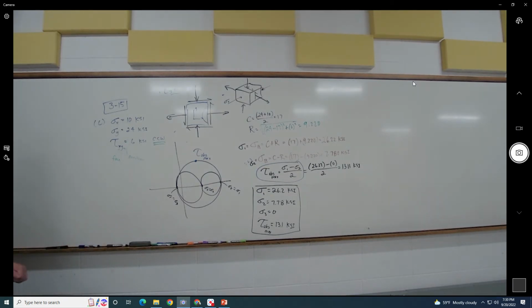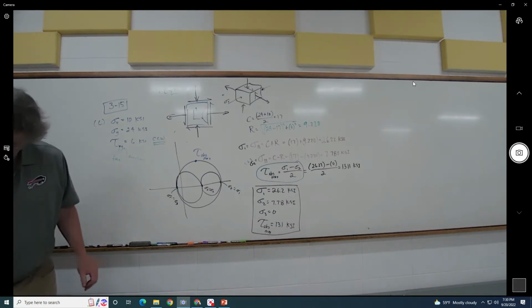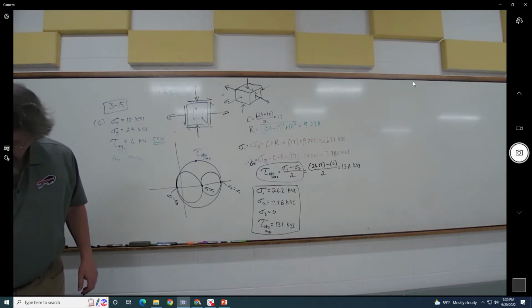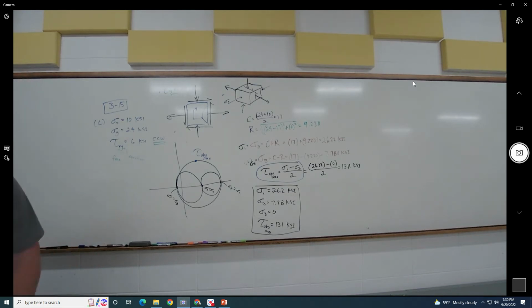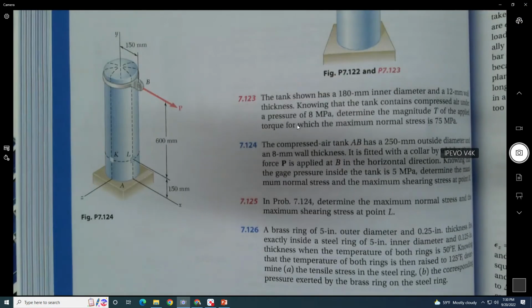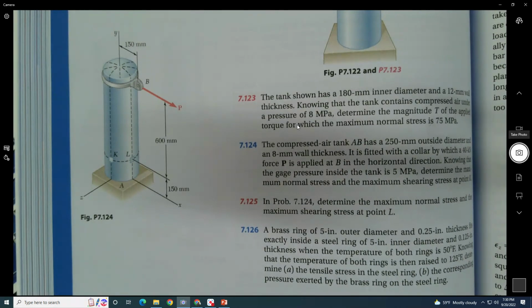Okay, what kind of problems will I see? Pressure vessel problems? Here's one I've actually asked before. I'm always looking for new and interesting problems. So here is one that I'll write down on the board. I think it's problem 124 from the same textbook you should have used for mechanics of materials, Beer Johnston.